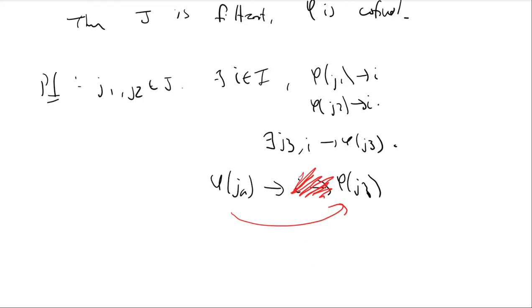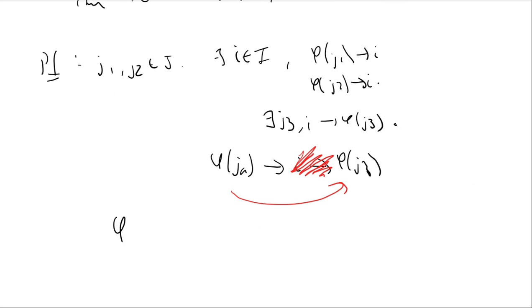And now this must be the image of something by fully faithfulness. And since that's the case, we've got the desired map in J.